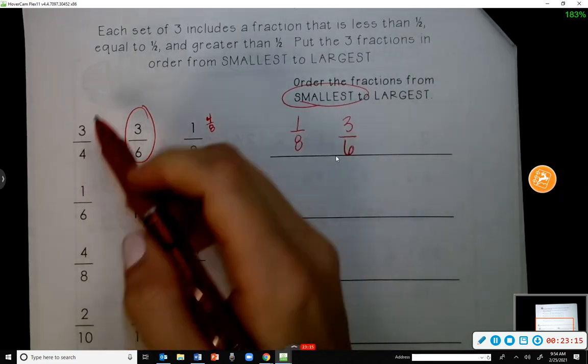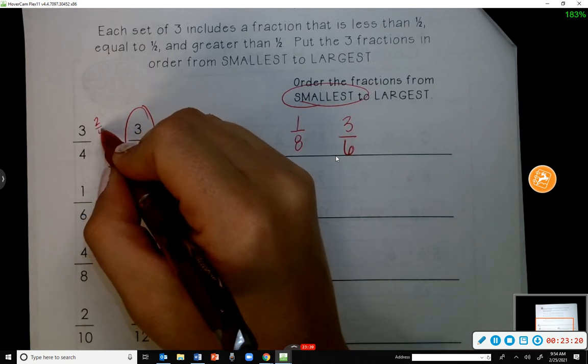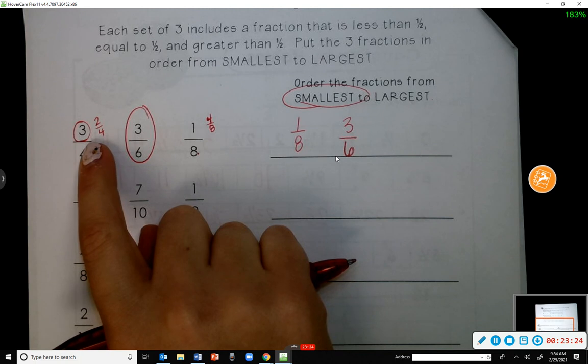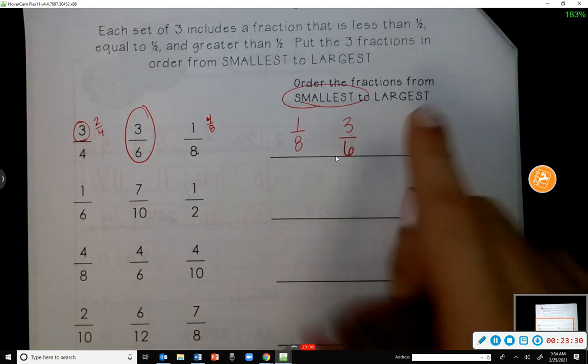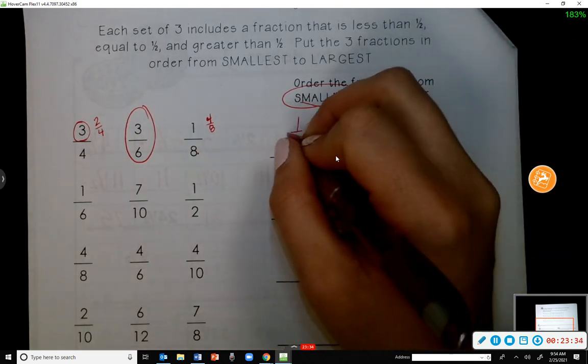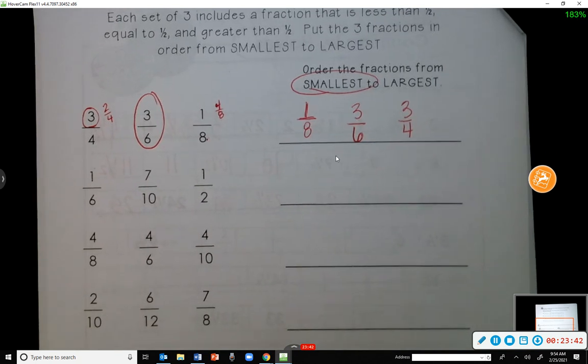Okay? 3/4, well, half of 4 is 2. So if it's 3 on top, then 3/4 is going to be greater than 1/2. So this needs to be at the end because it's the largest. So we didn't have to do all that cross multiplying business. We just needed to know what 1/2 equals. Okay? So let's try the next one together.